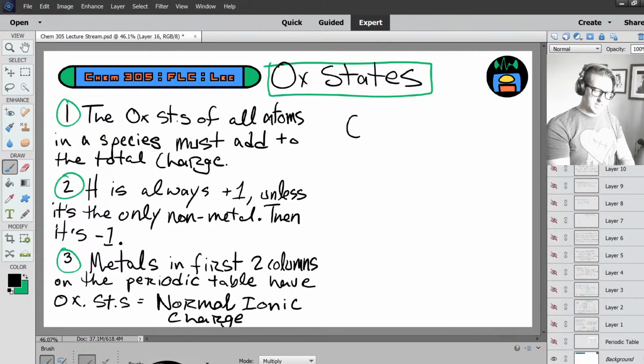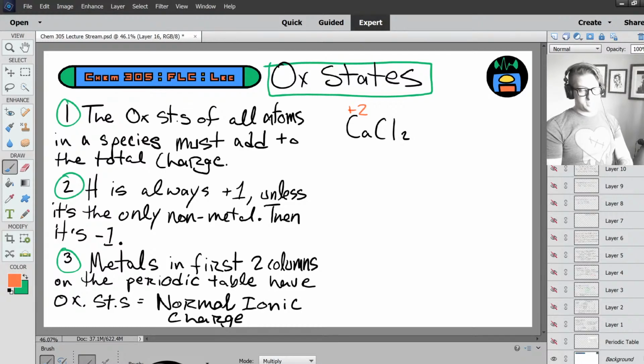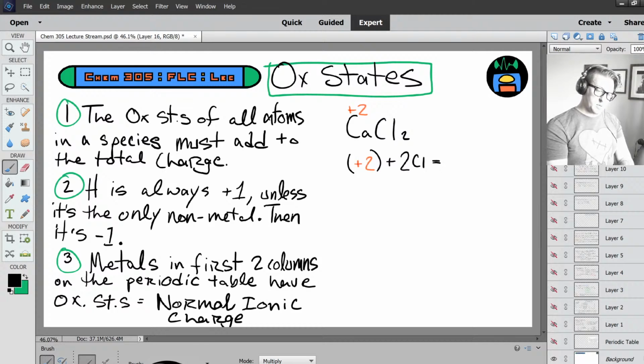let's assign the oxidation states for calcium chloride. All right, rule number 1 doesn't help us immediately. 2 doesn't apply because there's no hydrogens. Rule number 3 comes into play. Calcium's in that second column. Its normal ionic charge is a +2. And now that we know calcium, we can use rule number 1 to determine the oxidation state of chloride, because we know that the oxidation state of calcium plus 2 times the oxidation state of chlorine will equal our total charge, which is 0.